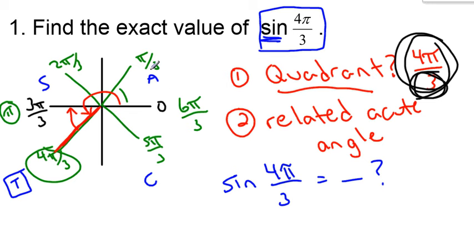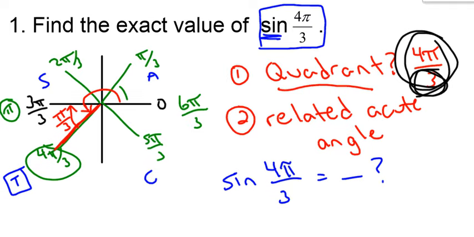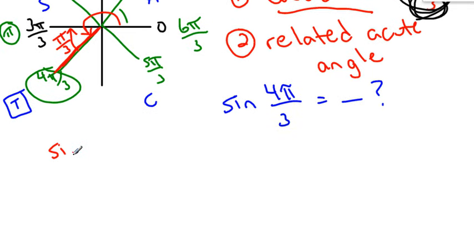Because of the way I've set it up, by dividing my rotation into pi over 3, 2 pi over 3, 3 pi over 3, and 4 pi over 3, it's very easy to see what this angle would be. I went from 3 pi over 3 to 4 pi over 3. So the related acute angle is pi over 3. So if I can figure out what sine pi over 3 is, then I know that sine 4 pi over 3 has the same value, but a different polarity.